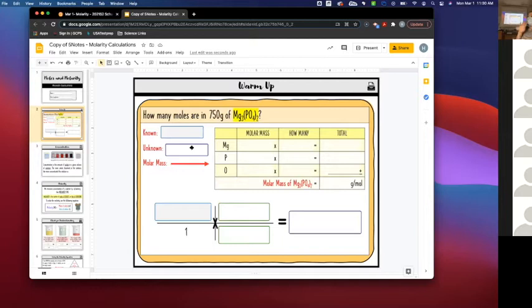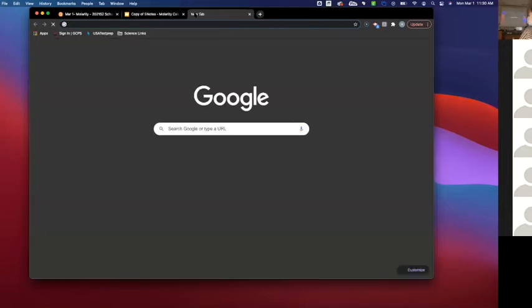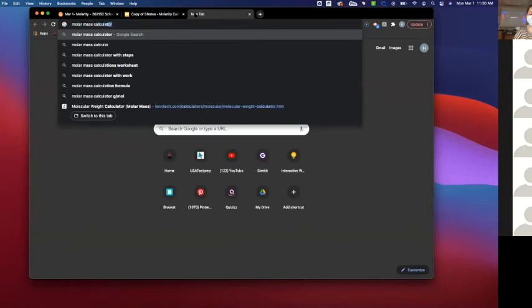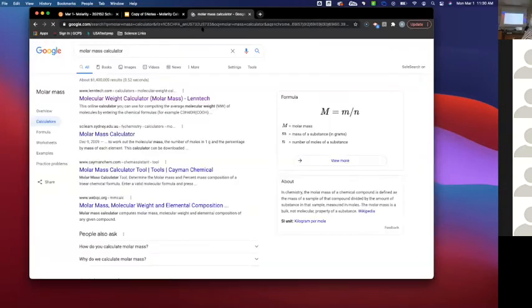Now that we are out of unit 2 and unit 1 about stoichiometry and all that stuff, I'm about to show you a little life hack if you haven't figured it out already. There's a website, by the way, that if you type molar mass calculator into Google, there's a website from a company called Lenntech, and it says molar weight calculator.